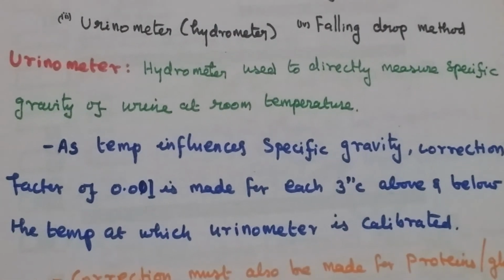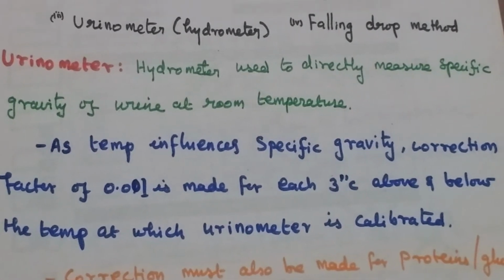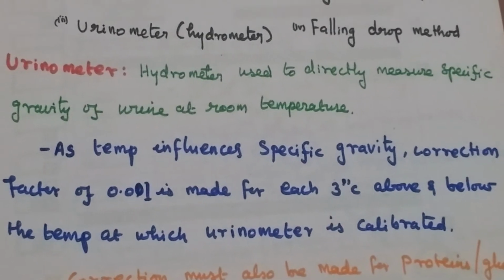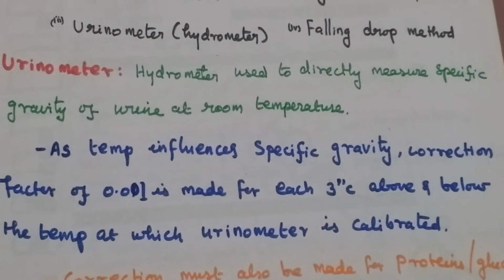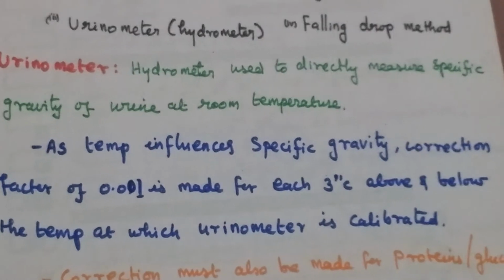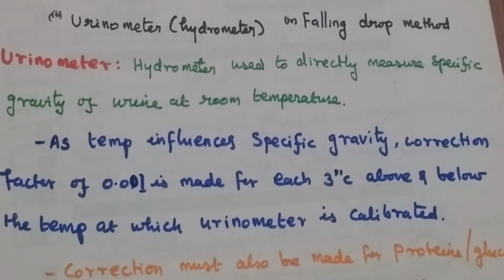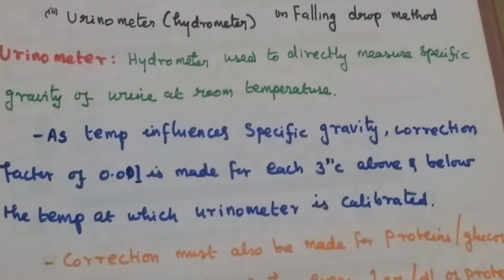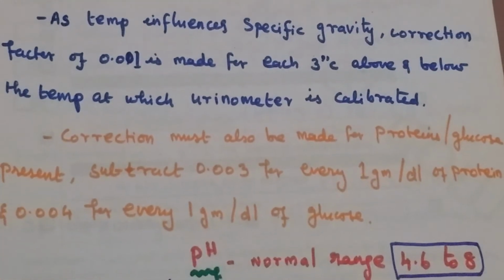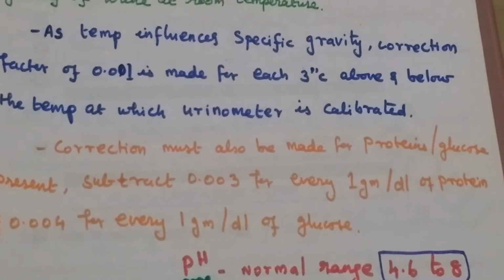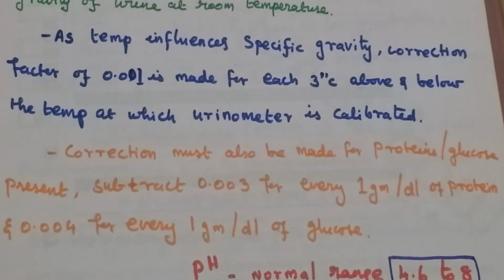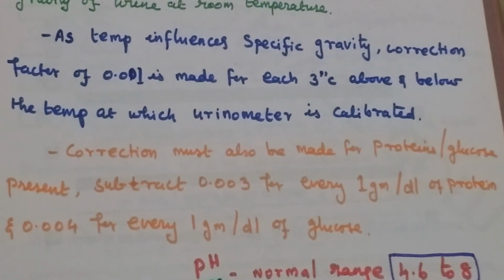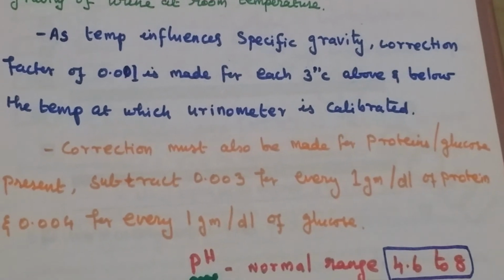So if the temperature varies, a correction factor of 0.001 is added for each 3 degrees above or below the temperature at which the urinometer is calibrated. A correction factor is also needed for protein or glucose present in the urine.